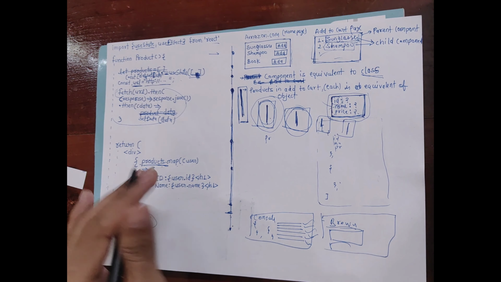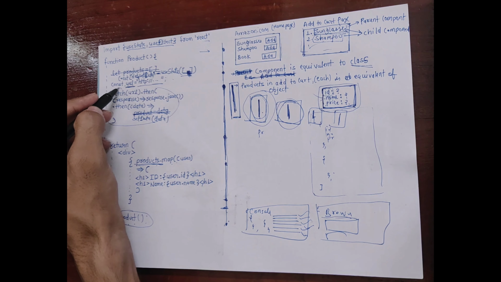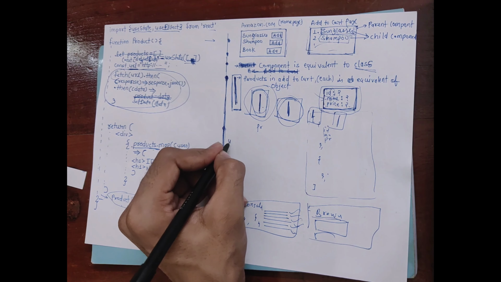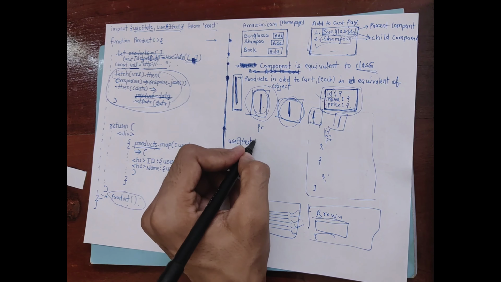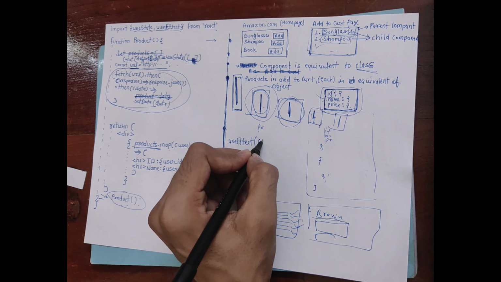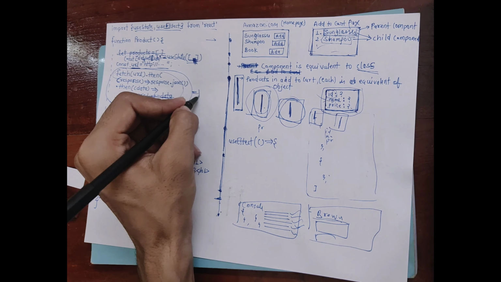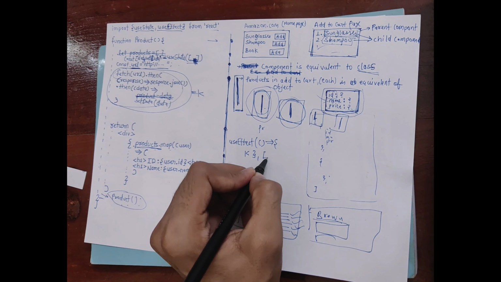To control this, we will use useEffect. Basically we will put this thing inside useEffect. UseEffect takes two things. The first thing is a callback, and in this callback I will put this fetch. Then the second part takes an array.